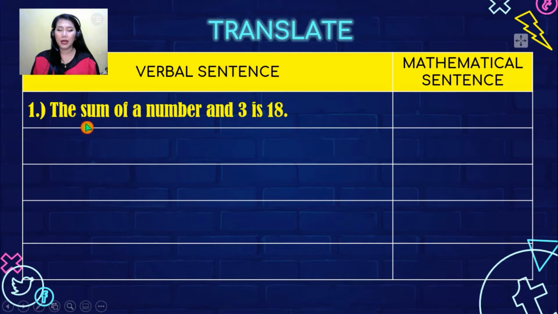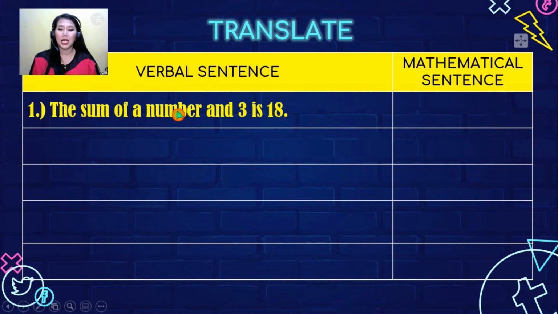For number one, we have here the sum. Sum means you're going to plus. And etong number na to, kapag nakakita kayo ng number here, it means ito yung number na favorite number mo, or birthday mo, or yung monthsary ninyo, or yung anniversary ninyo, or whatsoever.